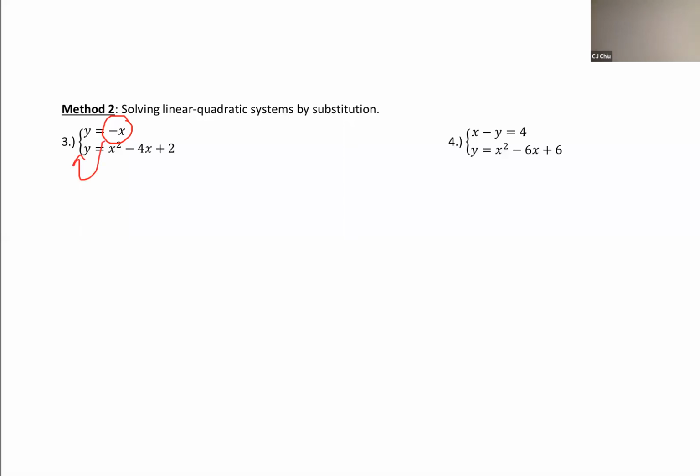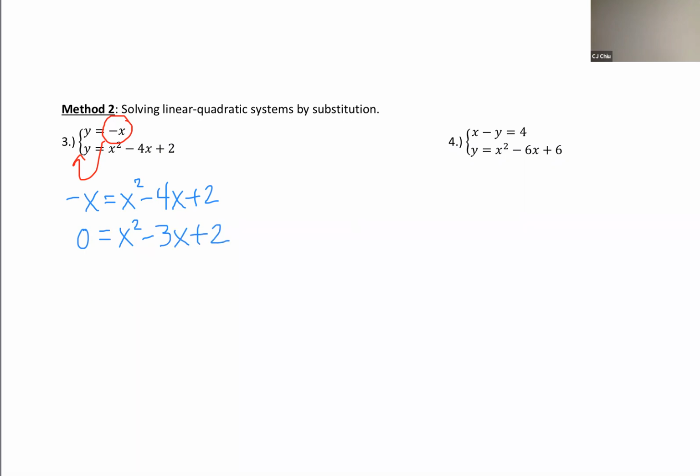Okay, so remember how substitution works. So then we get negative x, substitute that in, equals x squared minus 4x plus 2. Anytime you have an x squared, you want to set equal to 0, okay? So 0 equals x squared, add the negative x, minus 3x plus 2, and then see if it factors.